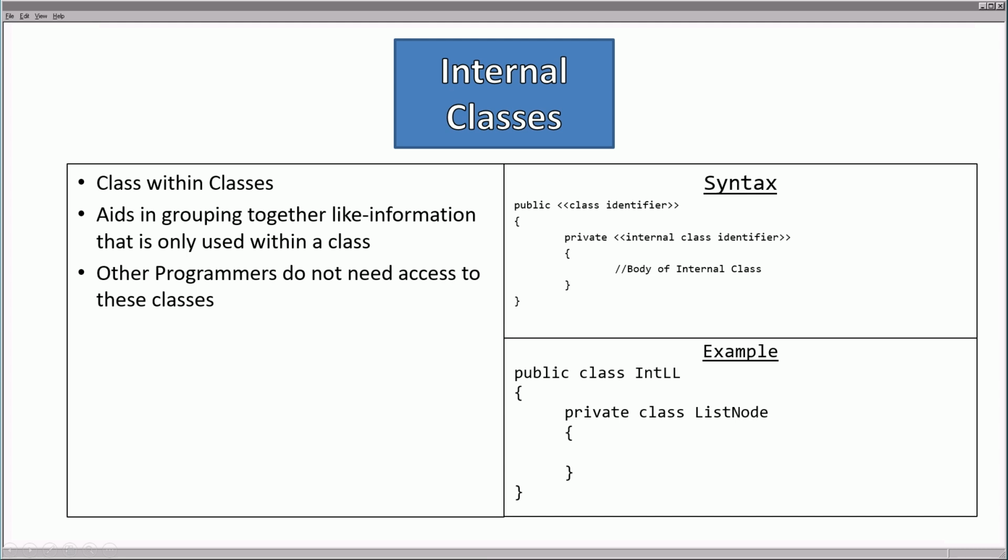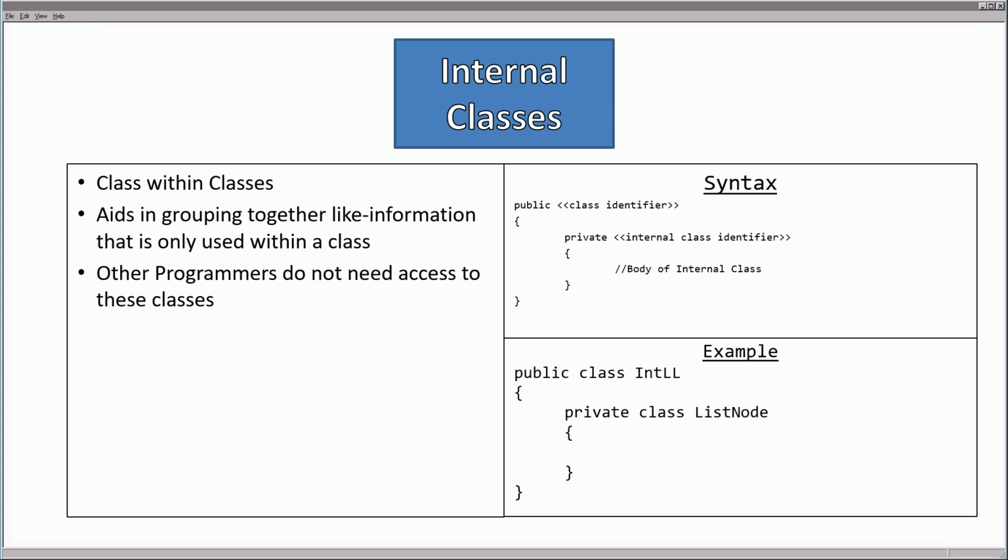We don't need programmers accessing this information or using this structure. We're only creating this structure to make our life as the developer of this integer linked list a whole lot easier. So you are able to define a class within a class. And so when we start recognizing that what we're doing here is grouping together data inside of this structure, then we might need a smaller structure to help keep track of this. These smaller structures, again, are called nodes inside of a linking structure.